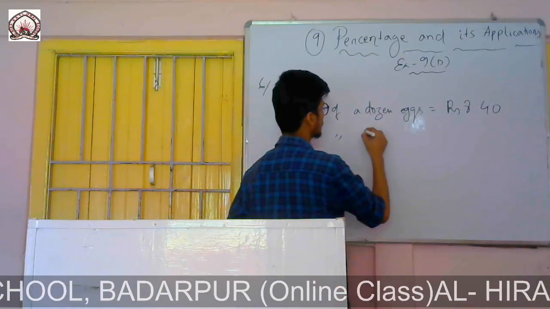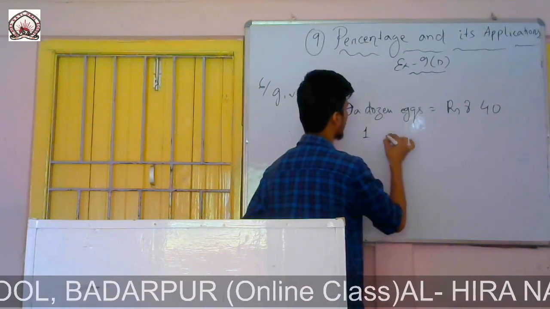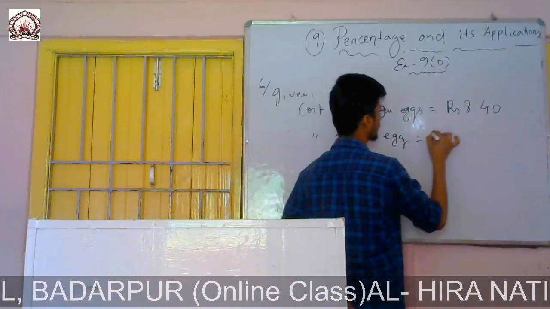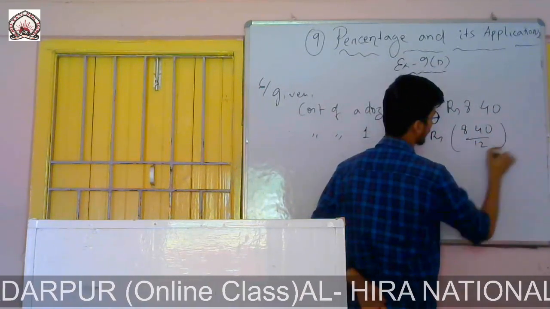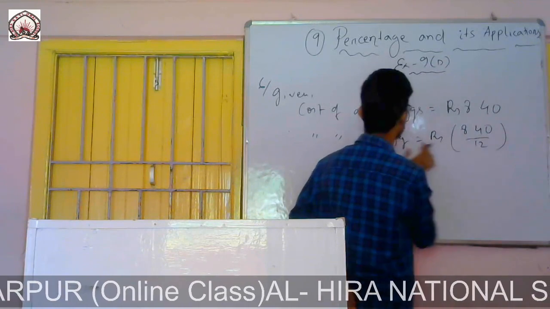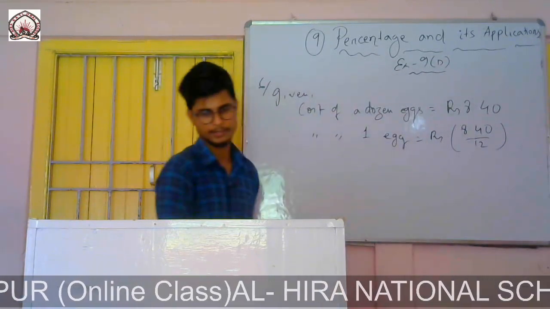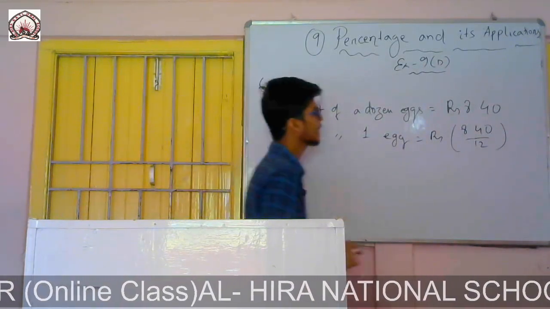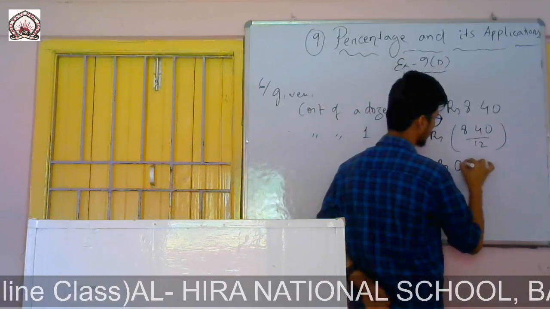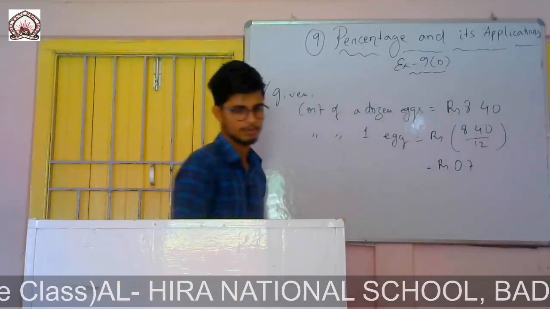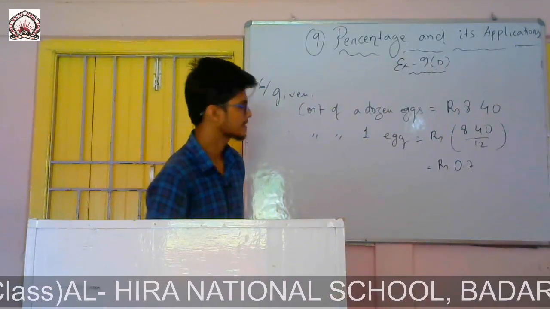So we'll find the cost of 1 egg, which will be rupees 8.40 divided by 12. Why 12? Because 1 dozen equals 12 units. If I simply divide, 12 sevens are 84, and with the 0.4 decimal, it is rupees 0.7.